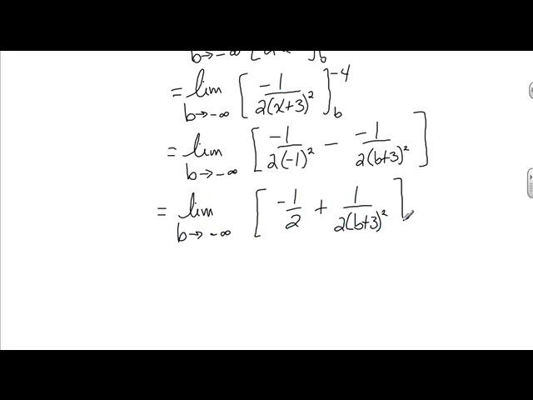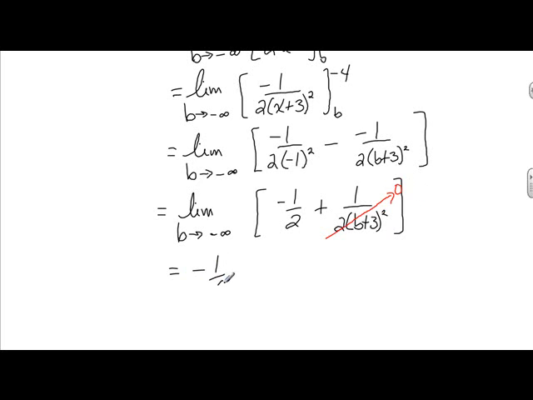Now as b approaches negative infinity, this fraction that has a power of b in the denominator, that's going to go to 0. So taking the limit as b approaches negative infinity results in our getting a value of negative 1/2.